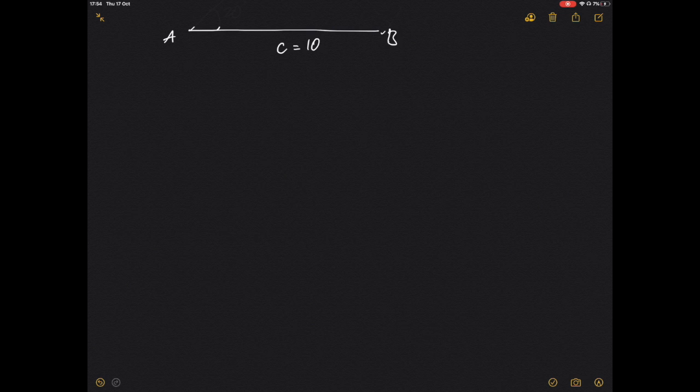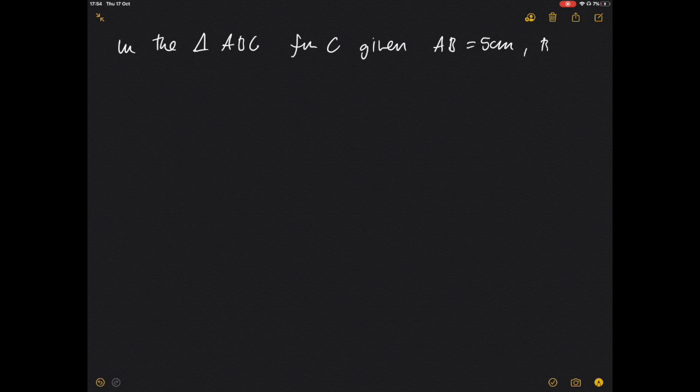So what the question might say is, in the triangle ABC, find C given AB equals 5 centimeters, BC equals 3 centimeters, and A equals 35 degrees.